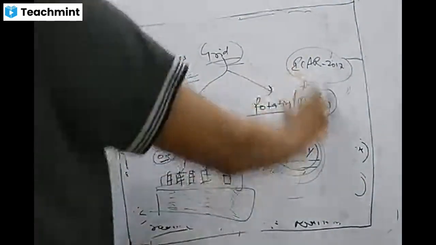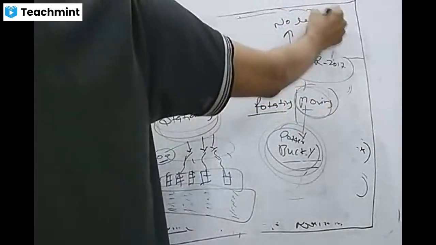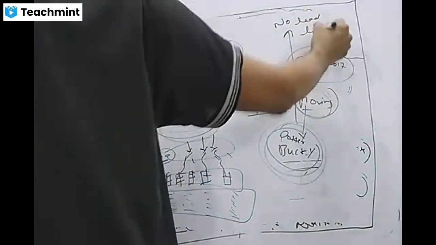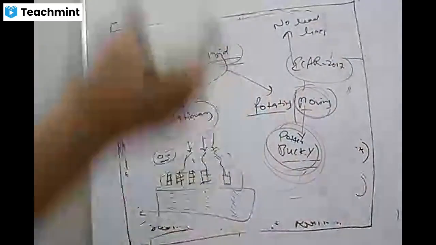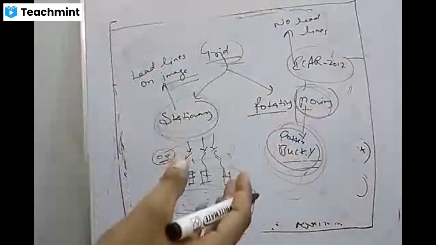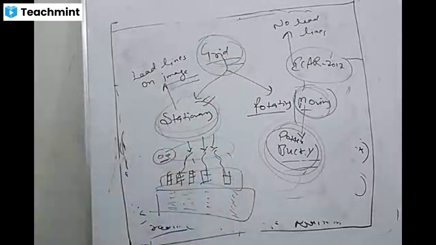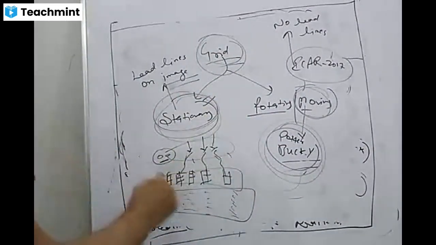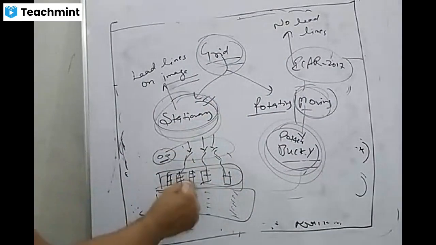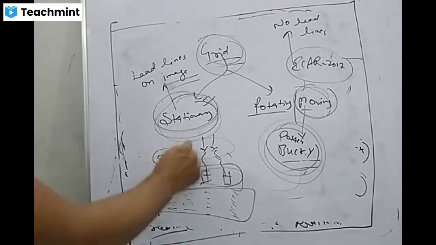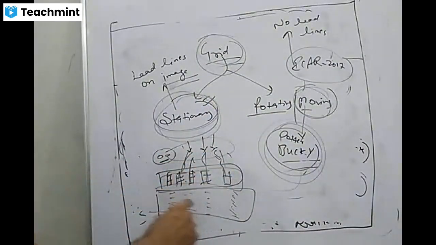But if you use the moving grid, the advantage is no lead lines on your final processed radiograph or image. Initially they were using stationary grids. The grid is used below the patient, above the film, and it absorbs the scatter.